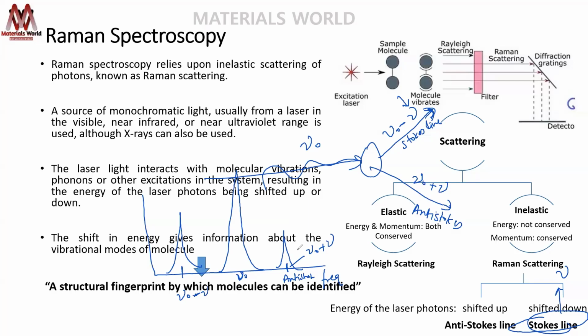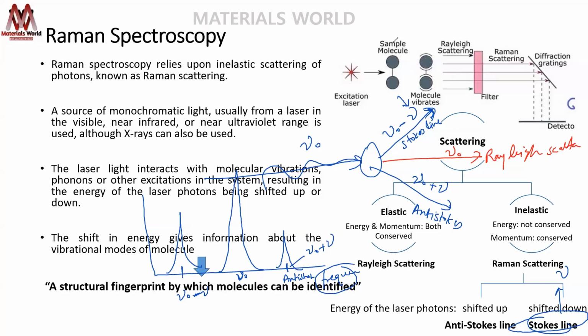If you plot with frequency, this is what you will get. Got my point? And if the incident frequency is the same as the scattered frequency, then it is not Raman scattering, it is Rayleigh scattering, and we are not interested in that, because it is telling nothing about the vibrational modes of molecules. It's not telling anything about which molecule is present there.